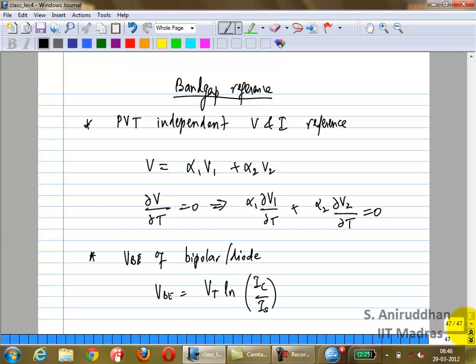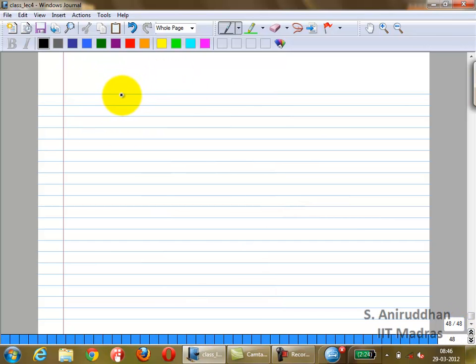IS is temperature dependent. Of course, you can make sure IC is not, but we'll see. So let's assume IS is temperature dependent. So this is the dependence of IS.